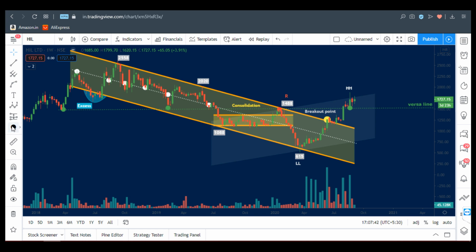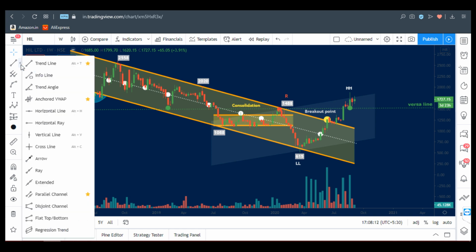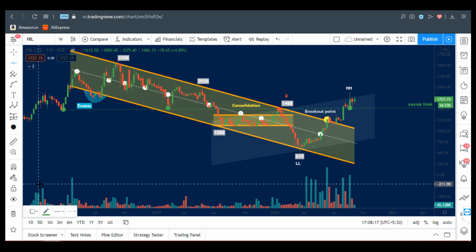Change the color of the dot and place it like this, this, this, this, this, and last but not the least, this. Keep your dots properly visible so that it is easier for the viewers to look into this parallel channel.